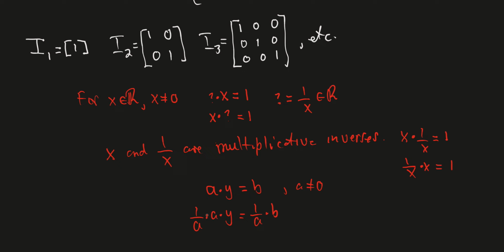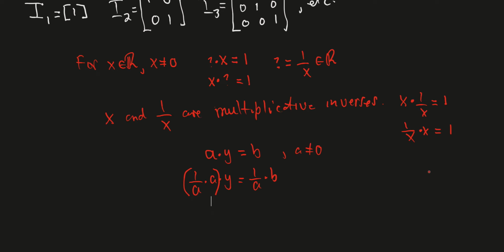And how does that help? Well, now we use the associative property of multiplication and say, I have 3 things that I'm multiplying here, but I am going to choose to multiply the first pair. Why? Because the product of a number and its multiplicative inverse is equal to 1. So that's essentially how you cancel out the a.